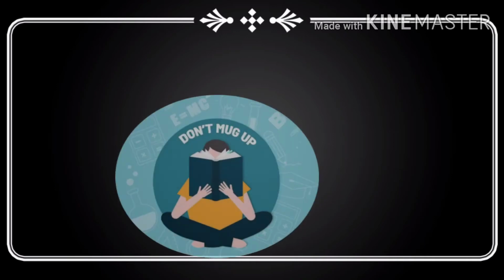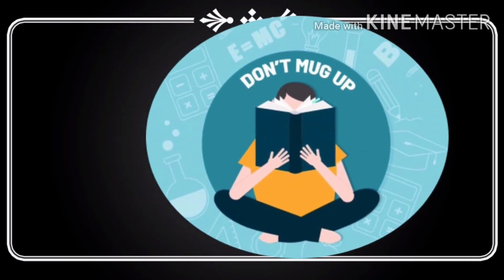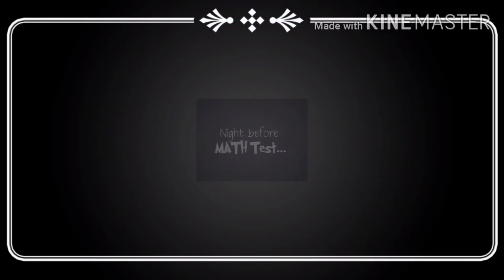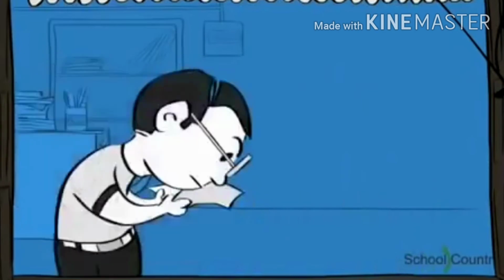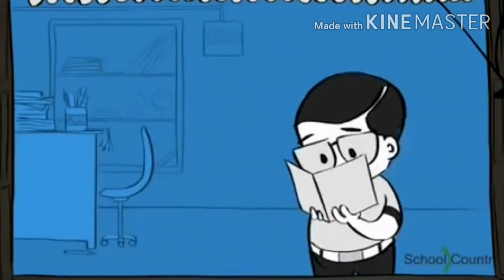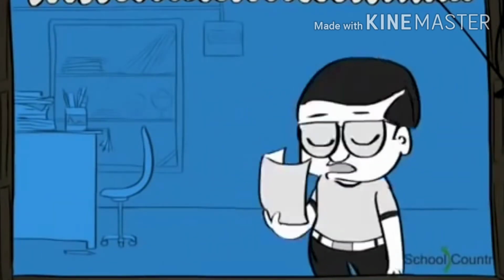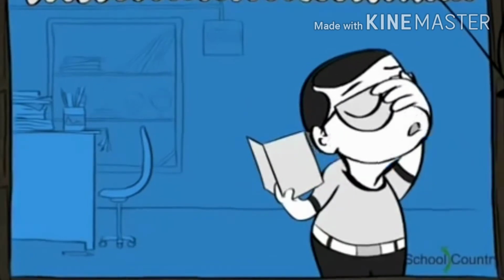Now promise yourself that you are not going to do this: don't mug up. 28 by 4 is equal to 7, 28 by 4 is equal to 7.